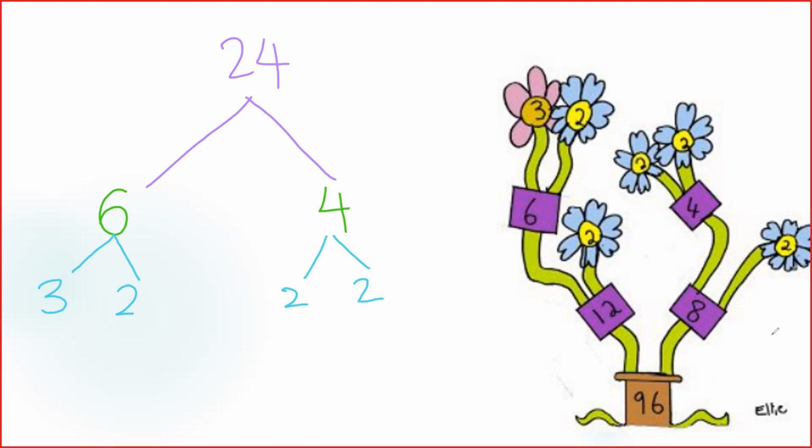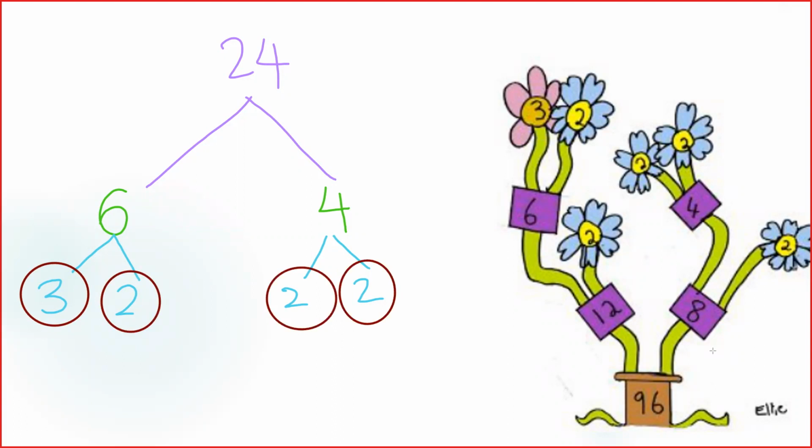So now these numbers are 3, 2, 2, and 2. Are they prime or composite numbers? They are prime numbers. So I factorized the composite number 24 into prime numbers.